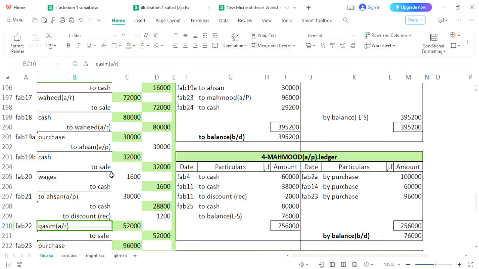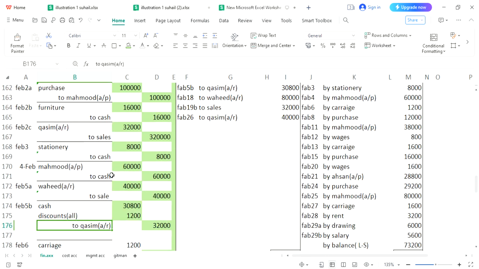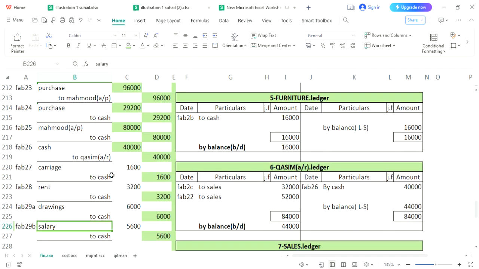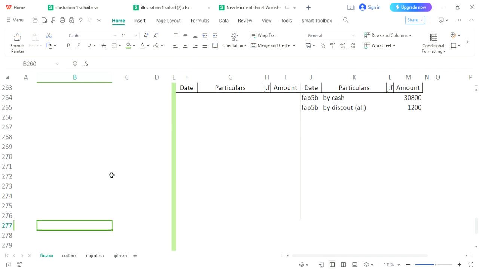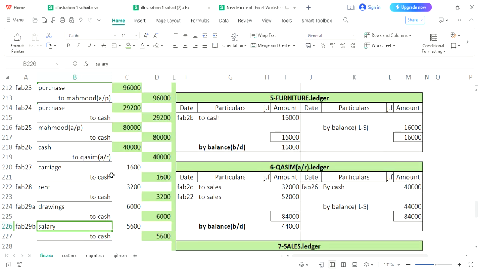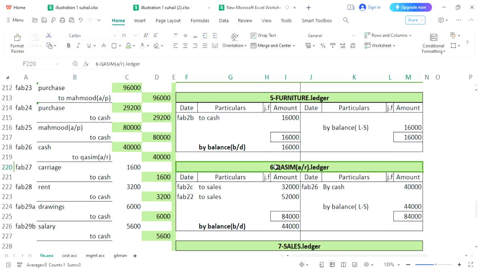Qasim has arrived. That is why I was doubtful, as Qasim account receivable has been there. Cash ledger, capital, Mahmood, Qasim. Yes, Qasim was already completed. And one unmarked entry has guided us the wrong way.